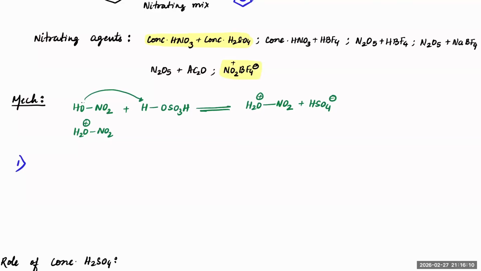Here, water is a good leaving group, so water will leave very easily, giving NO2 plus and H2O.